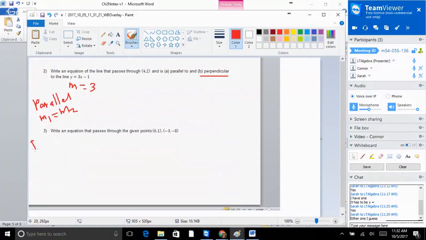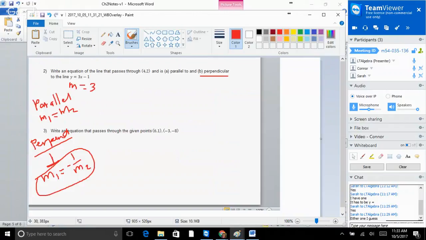Okay. Two lines are perpendicular. Sorry for the crazy writing. They're perpendicular to each other if the slopes are the negative reciprocals of each other. So it's kind of weird. This is the sign for perpendicular. This is the definition. So two lines are perpendicular if the slope of one is the negative reciprocal of the other.